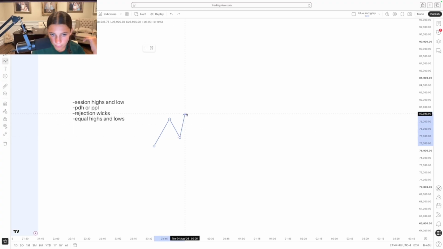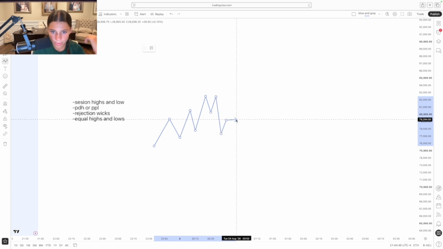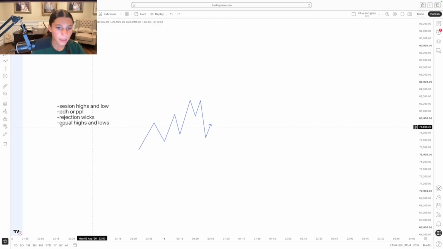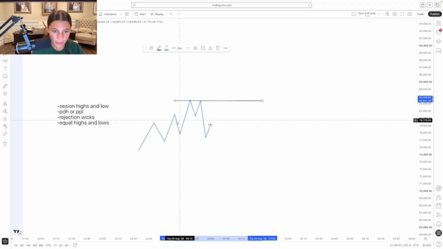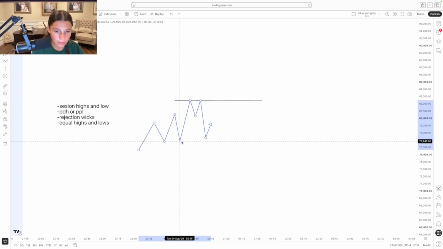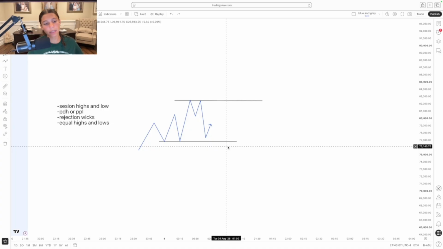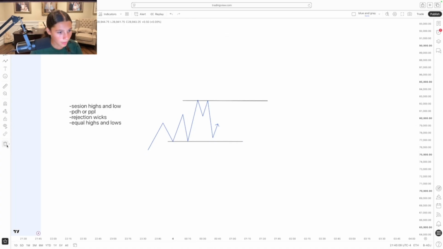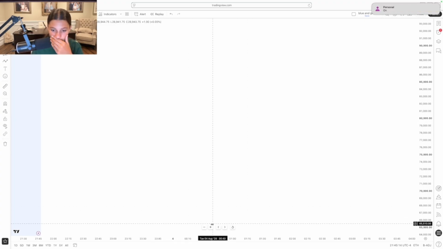We're here, we're here. Boom. This hit the same point in price right here. So those are equal highs right there. And then equal lows is literally just that, right? It's literally equal highs and equal lows and all the spanky stuff in between, right? So just like this.